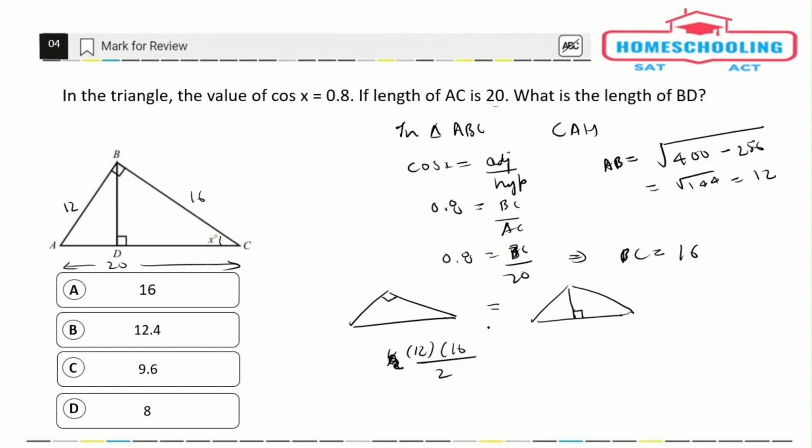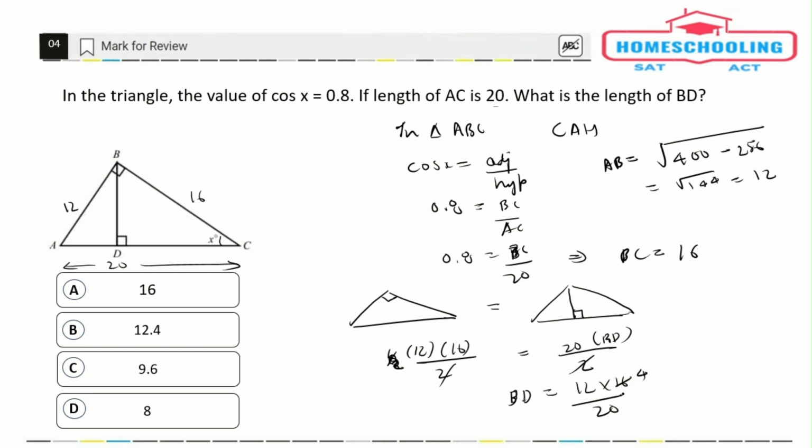As we know, the area of a right triangle is half into base into height. Similarly, for this type of right triangle, base is this and this is your height. So half into base is AC, that is 20, and height is BD. So this will go here, hence BD would be 12 into 16 by 20.